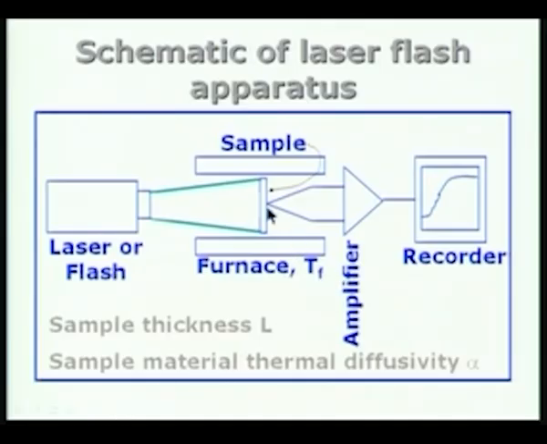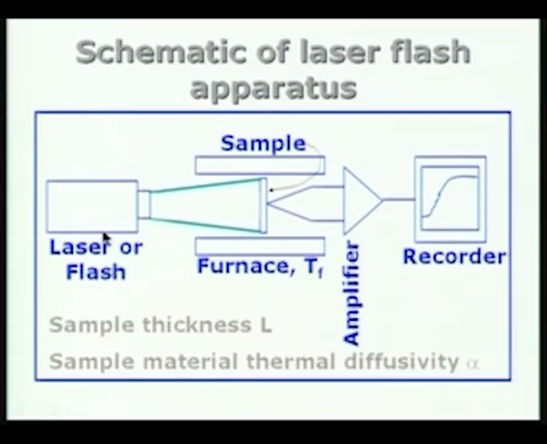I have got a sample here, a thin slice of the material whose thermal diffusivity I want to measure or estimate. On one side, a certain amount of heat is going to be supplied by a laser or a flash for a very small length of time.